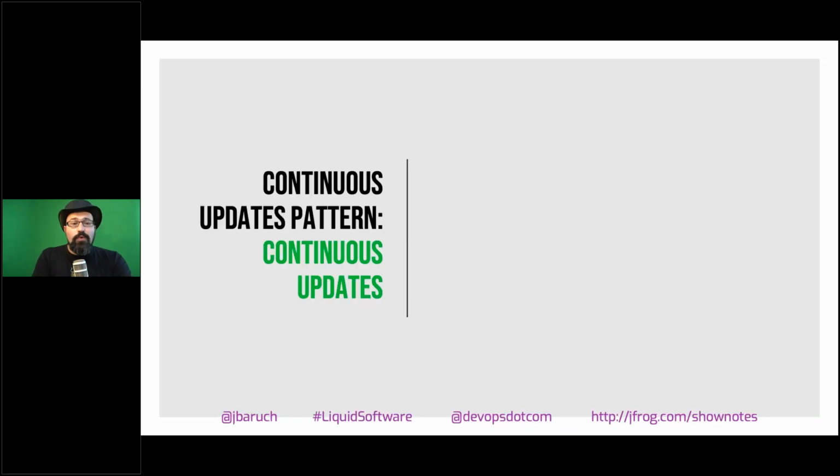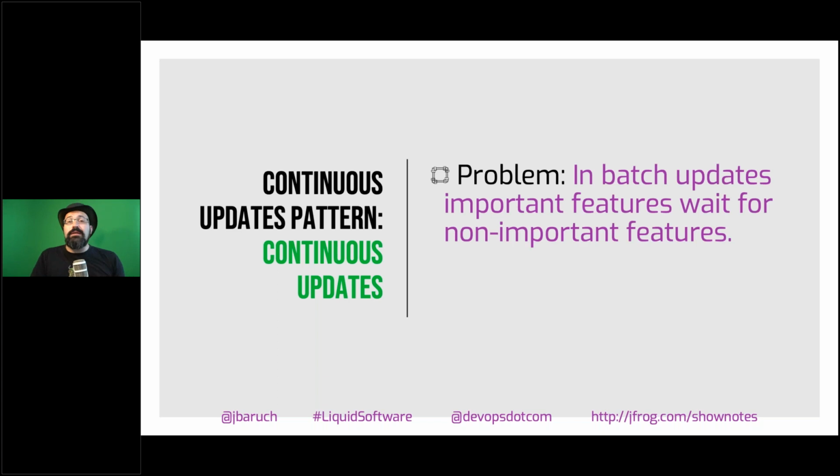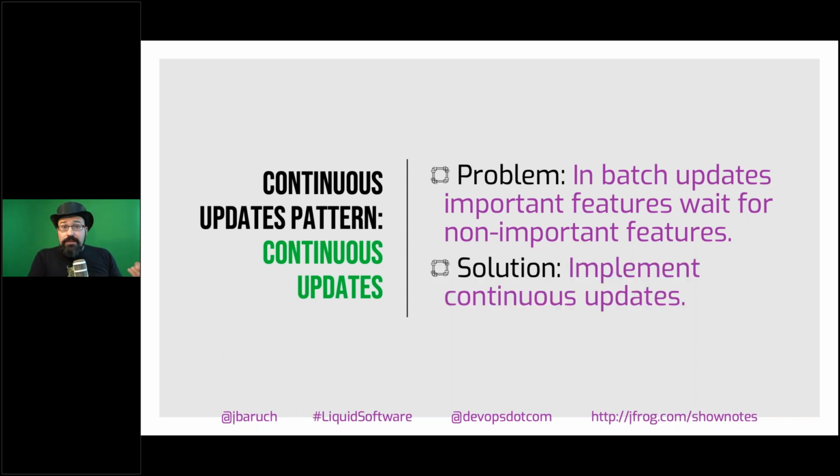The problem with bulk updates is that important features wait for non-important features, and you cannot actually determine between the two because for different people, different things are important or not important. The only way to release important features without waiting for unimportant ones is to do just that, to implement continuous updates and release features as soon as they become available.